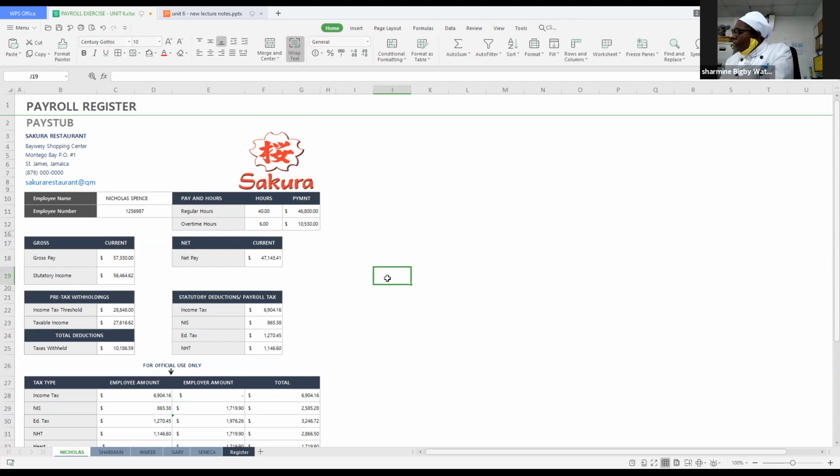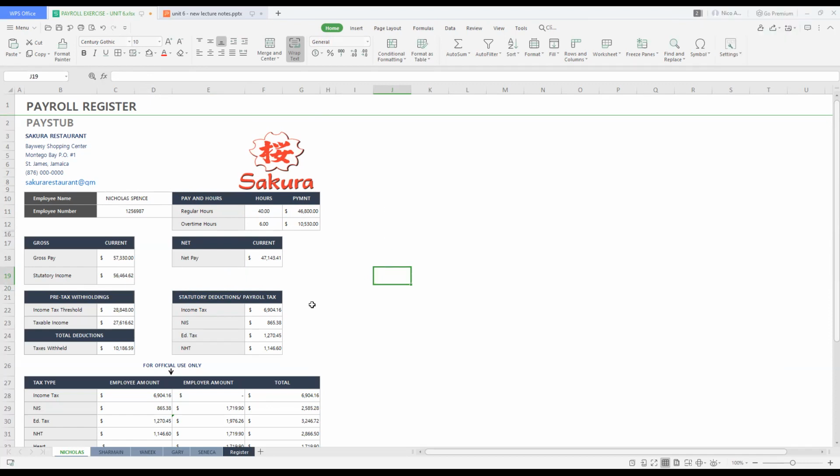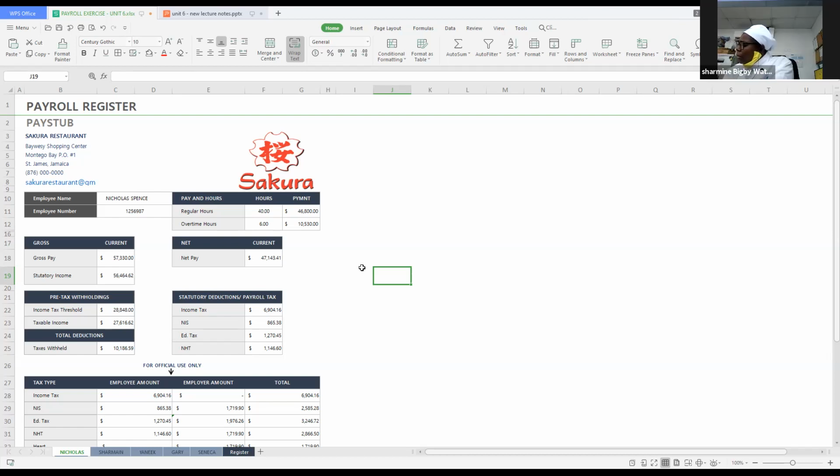Now you would have to times the 1,170 by 1.5, and then times that by the 6 hours of overtime, because the overtime is at time and a half.